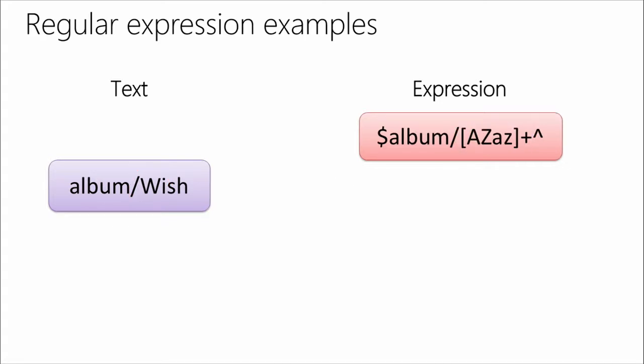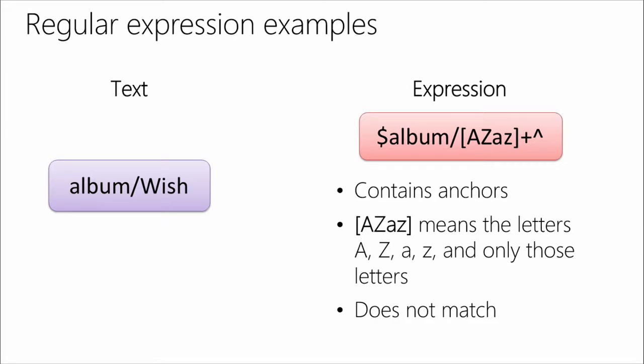Okay, well, what if I did want it to match? Well, I could go ahead and maybe write an expression that looks like that. But again, you're going to notice red. Why is it red? Well, the reason that it's red is because I said AZ, AZ. I didn't put in the dashes. So AZ, AZ is just going to be those 4 letters and only those 4 letters. So it's not going to be that range.